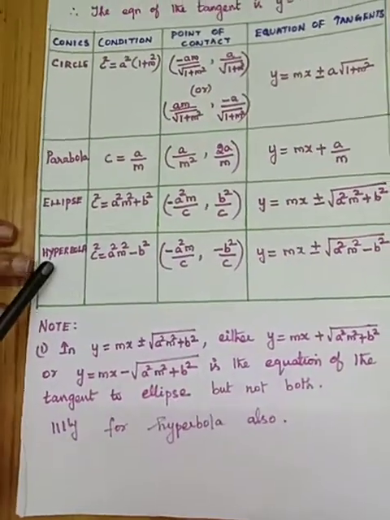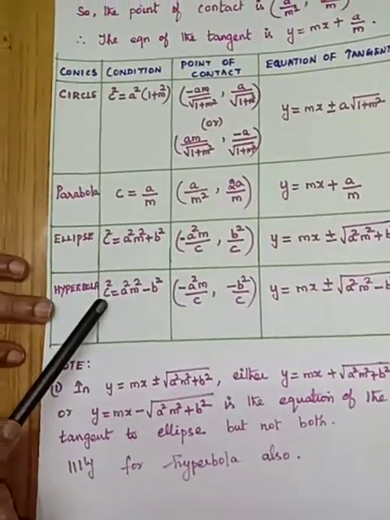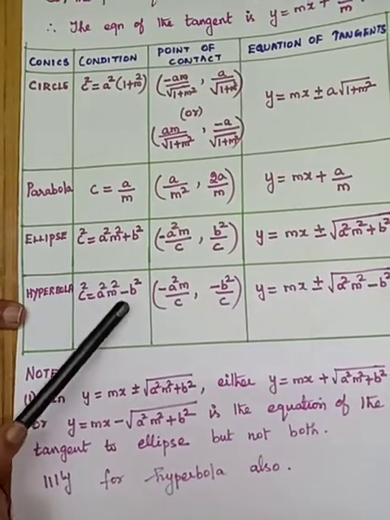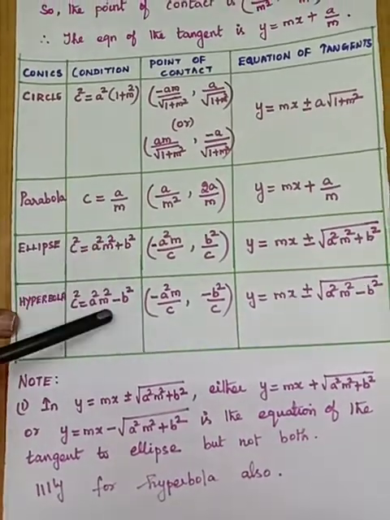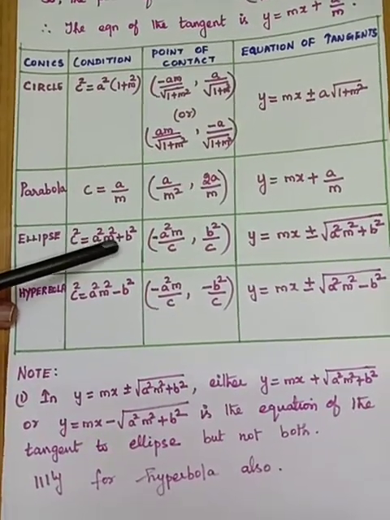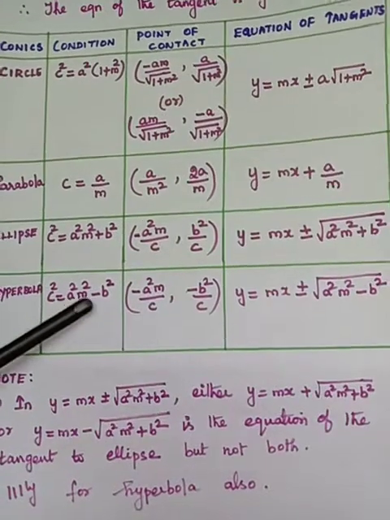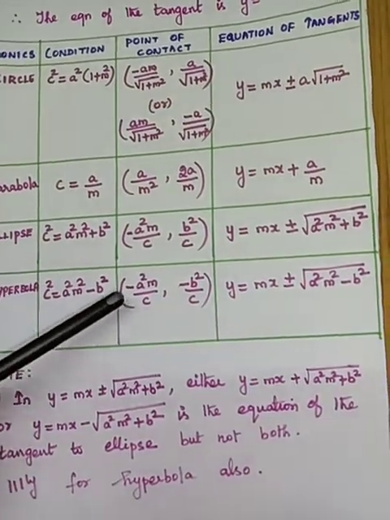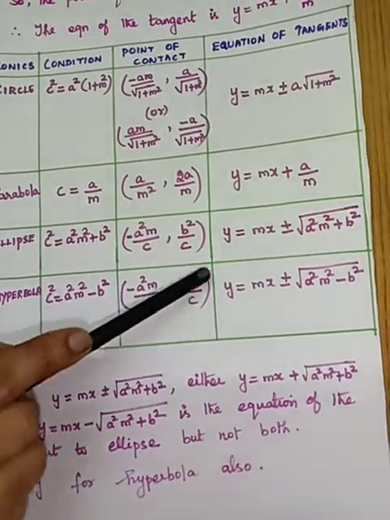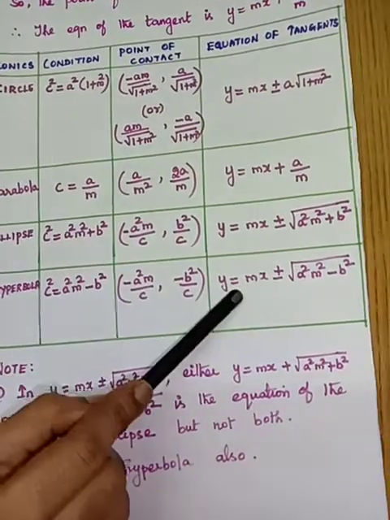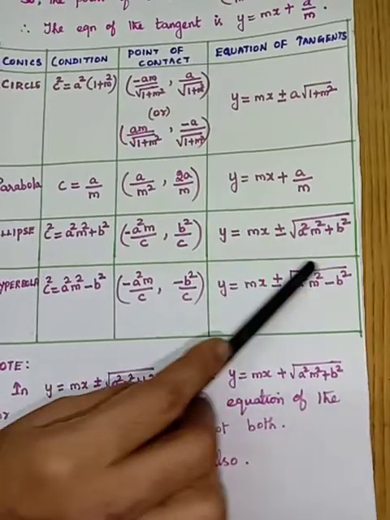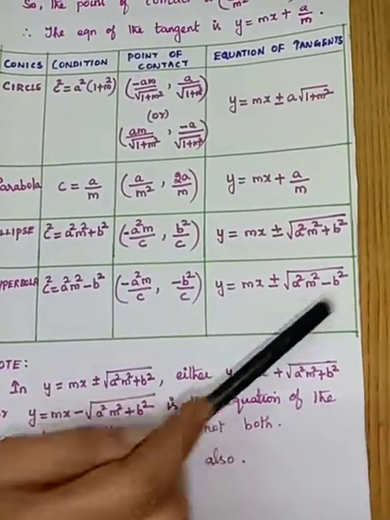And come for the hyperbola, the condition is c squared is equal to a squared m squared minus b squared. You see the difference, plus and minus only the difference. For ellipse, in this condition you are having plus. For hyperbola it is minus. That is very important. So point of contact is minus a squared m by c comma minus b squared by c. And the equation of the tangents is y is equal to mx plus or minus square root of a squared m squared minus b squared.